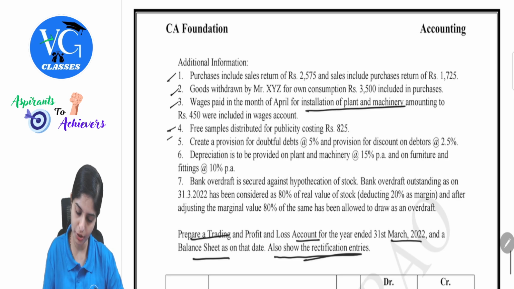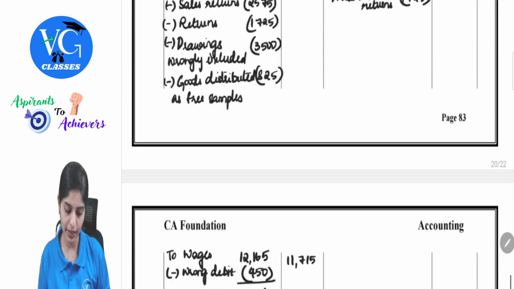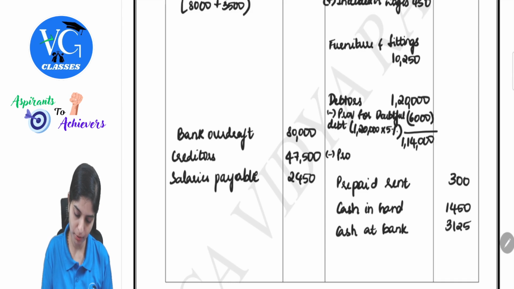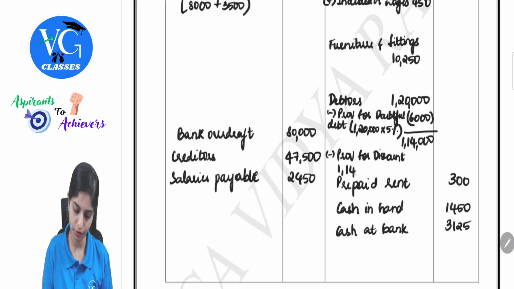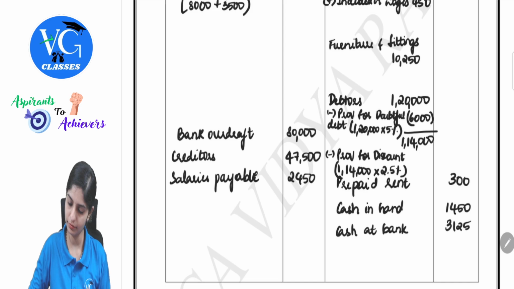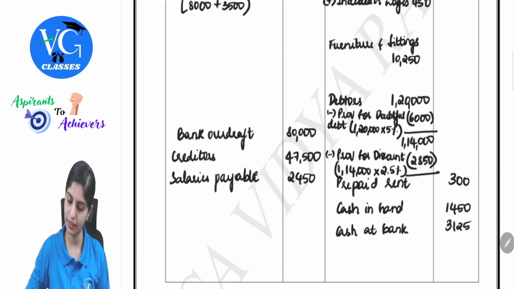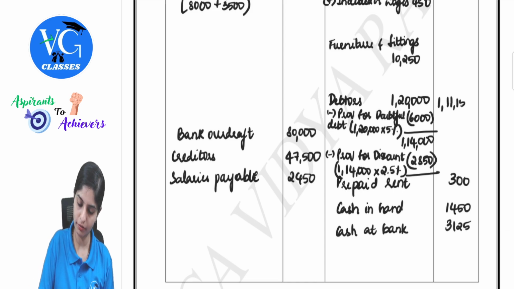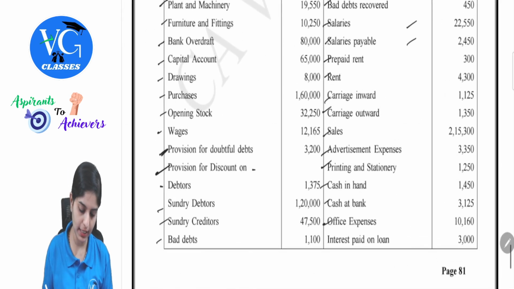Now there is one more provision for discount on debtors. Remember, this is given only for good debtors. So our good debtors are 1,14,000, on this 2.5% minus provision for discount. So 1,14,000 into 2.5%. This is 2,850. So your final debtors balance will be 1,11,150. This 2,850, there was also existing provision 1,375.